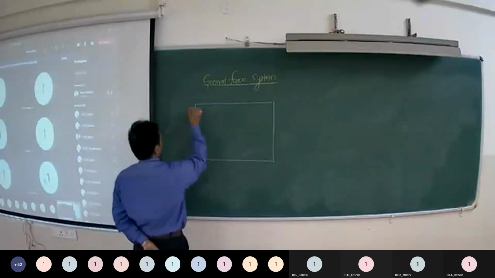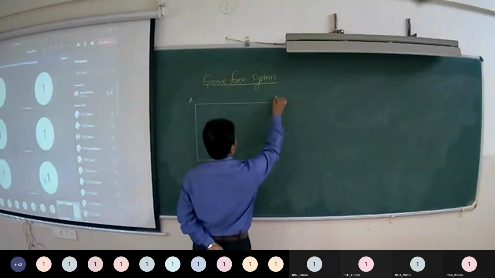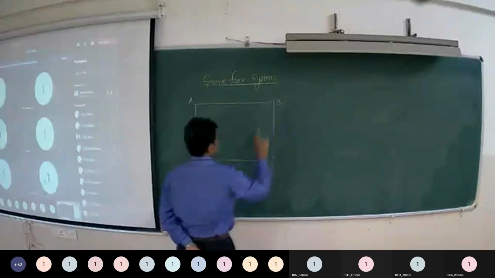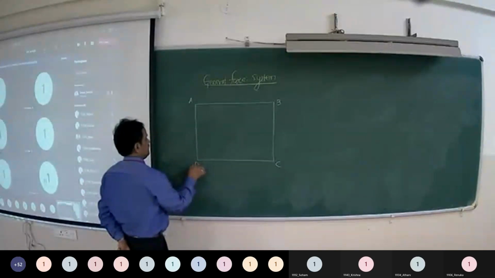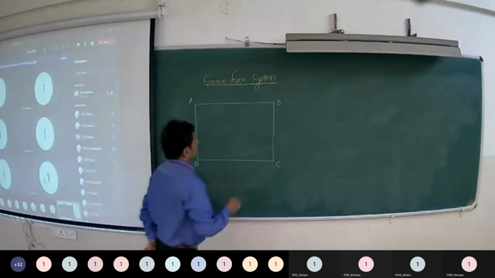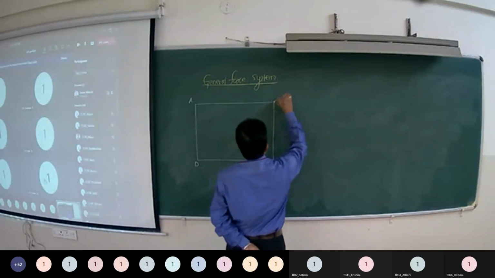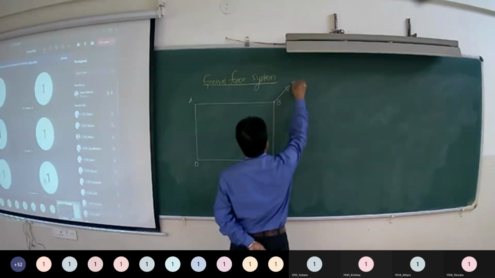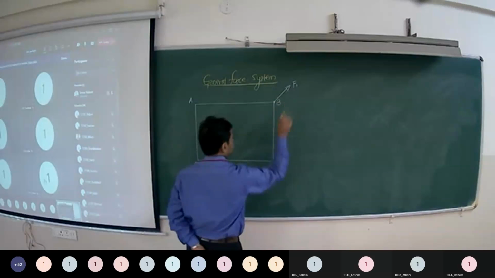Let us consider this plane A, B, C, D. Let F1 is acting at point B, making some angle.